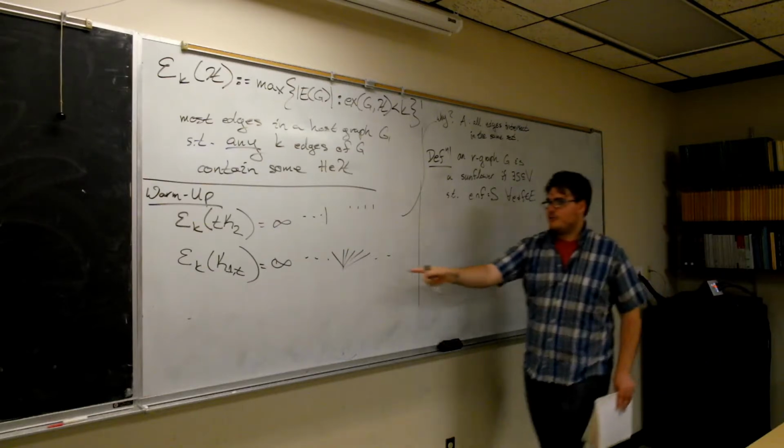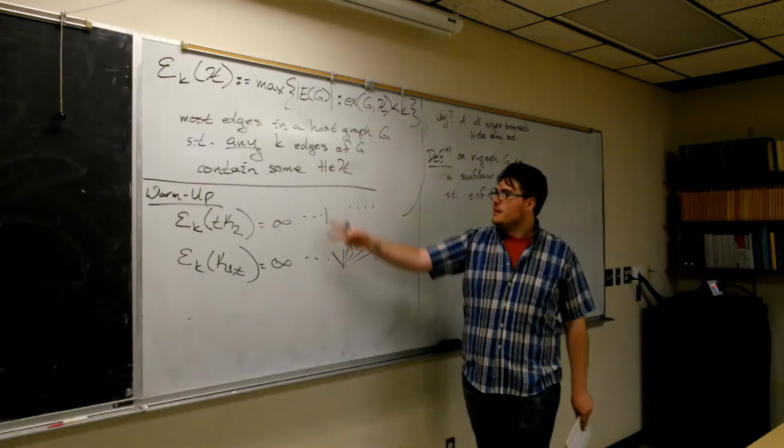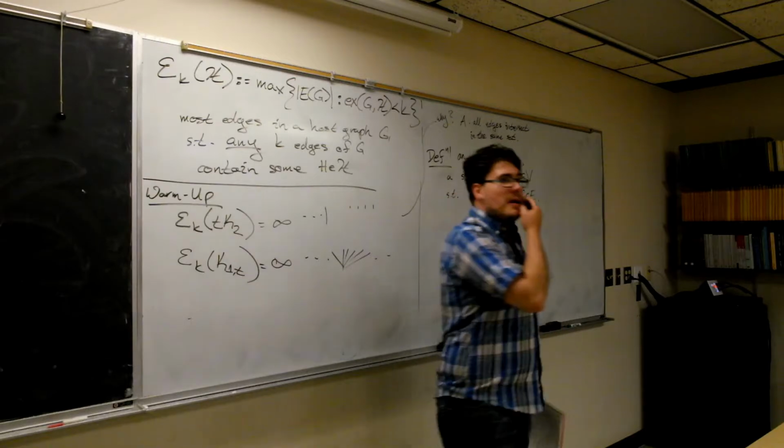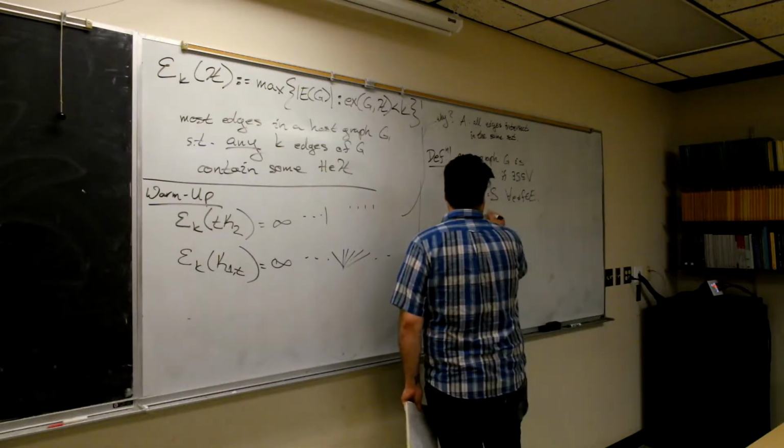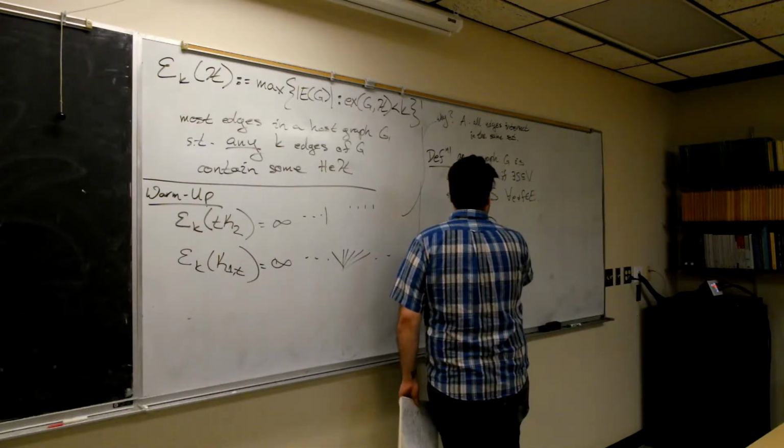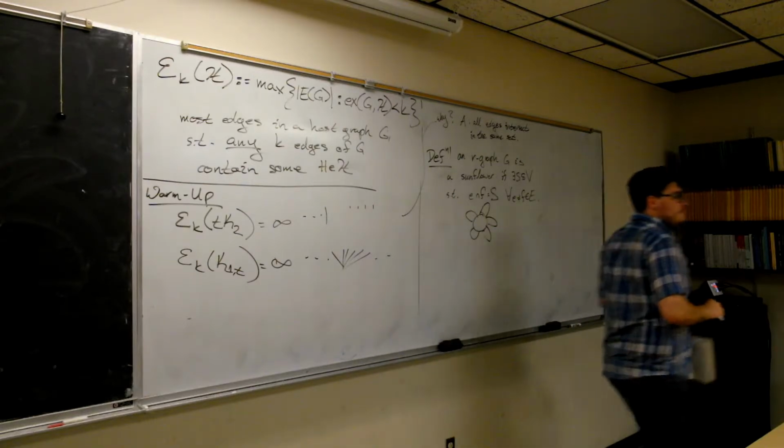So, matching, well, all edges intersect in this vertex. Here, all edges intersect in the empty set. In general, sunflowers just look like I have some core, and then a bunch of edges hanging off of that core, they don't intersect anywhere else.